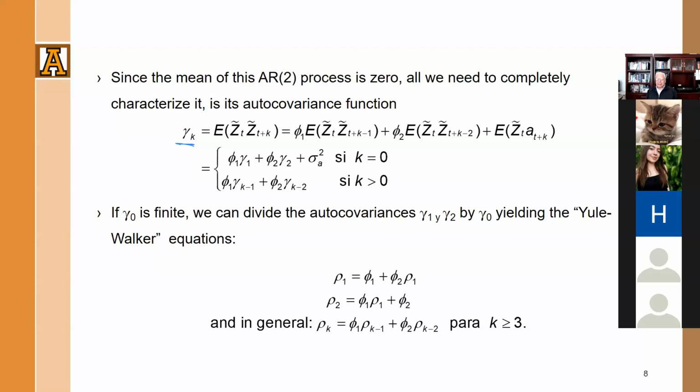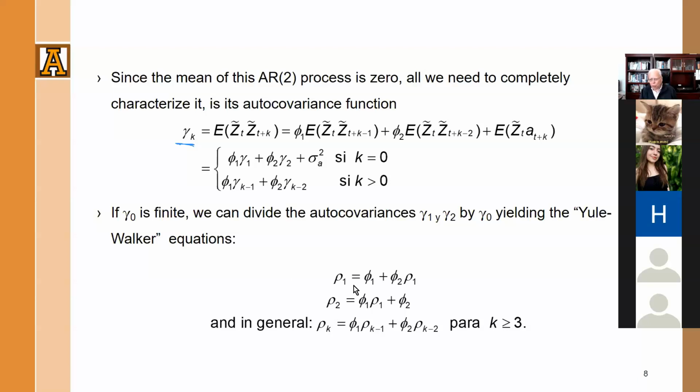And that ratio of the autocovariances by gamma null yields what are called the Yule-Walker equations. The Yule-Walker equations are very important because they relate the values of the parameters phi 1 and phi 2 with the autocorrelations. So these are the Yule-Walker equations.